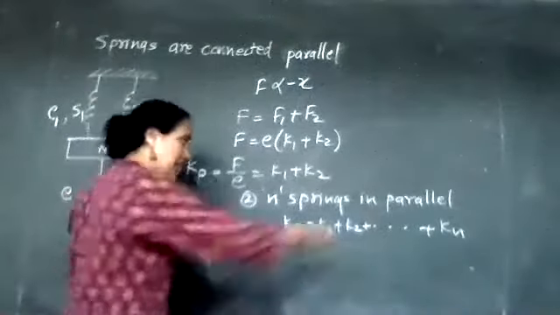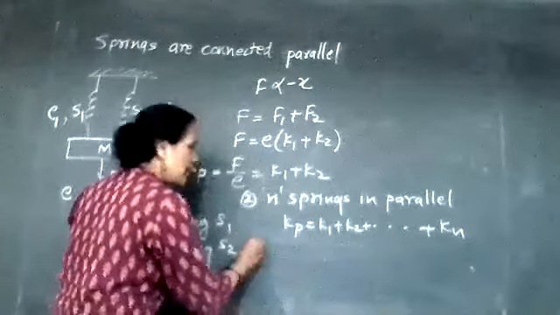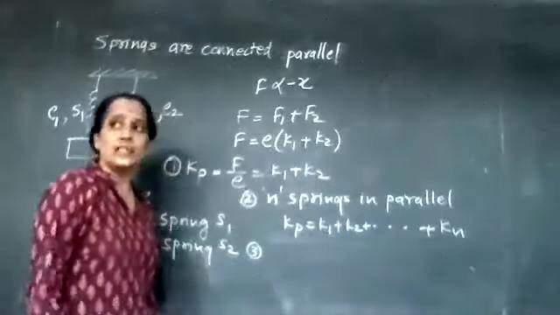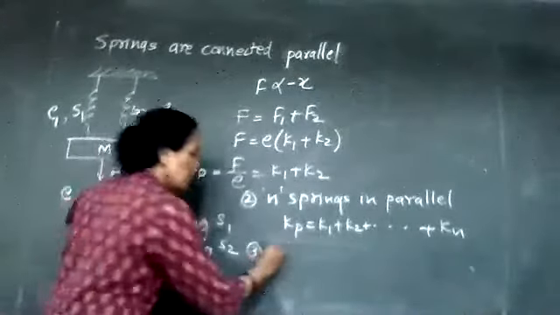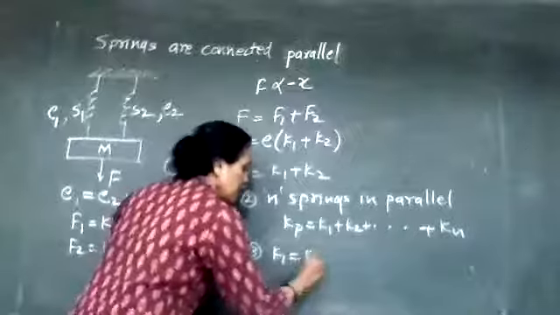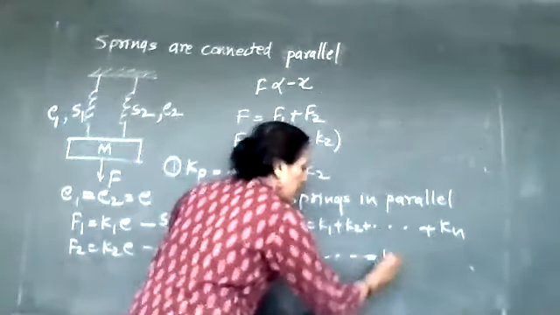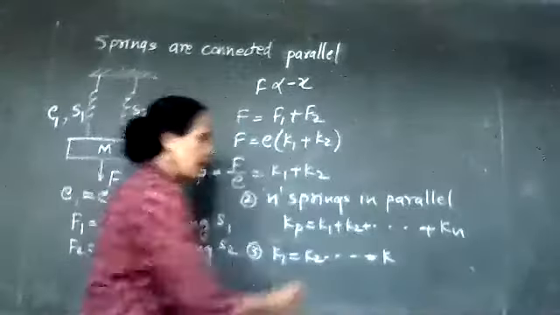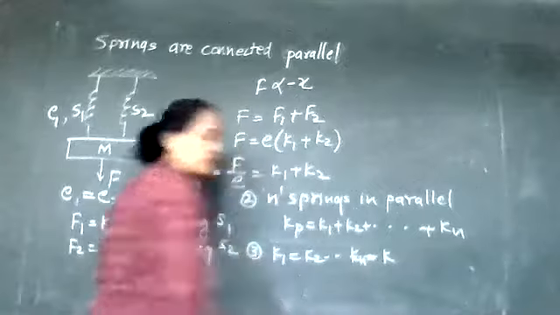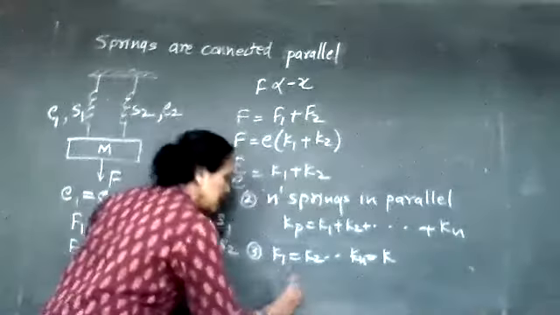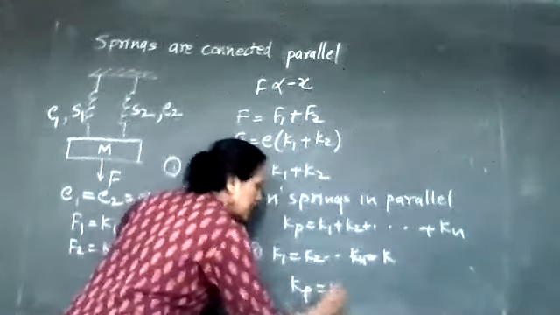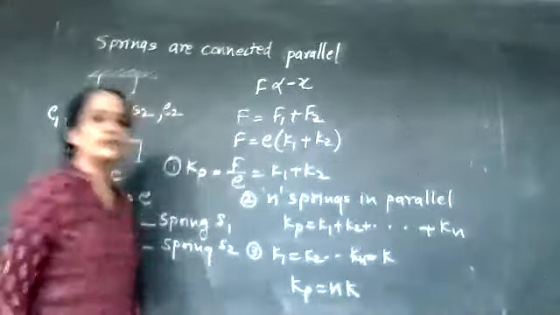But third thing, if all spring constants of the n springs are the same, so K1 is equal to K2 is equal to K up till Kn, at that time this Kp can be written as n into K.